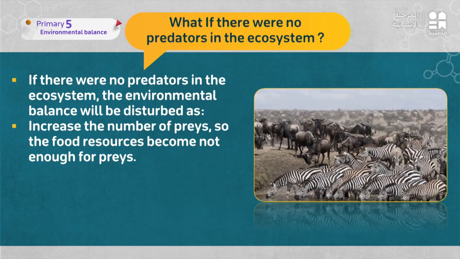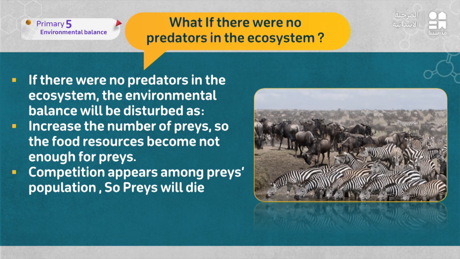طب هي دي حاجة حلوة ولا حاجة وحشة إن عدد الpreys يزيد؟ No, it's not good at all. It leads to لو ما فيش predator in the ecosystem هيسبب disturbance للecosystem. ليه؟ Because it will lead to increase in the number of preys. So the food resources become not enough for preys. الأكل مش هيكون enough to the preys. So they will die.